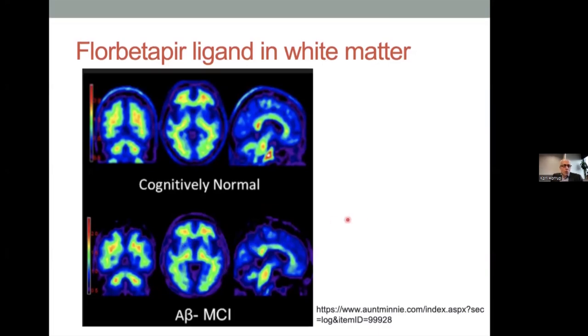So there's no question that there are no plaques there, but I think the imaging data is beginning to suggest that there may just be something going on, that this binding has been dismissed as an artifact, but I would maintain we need to reconsider just how artifactual it really is.